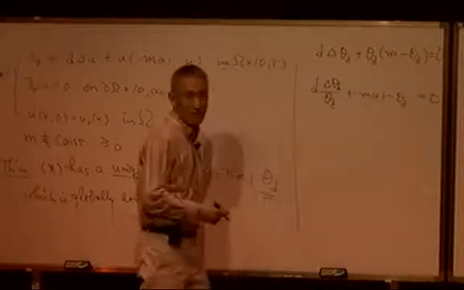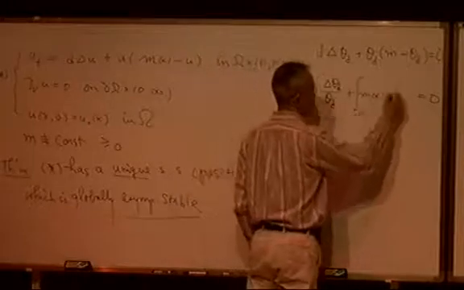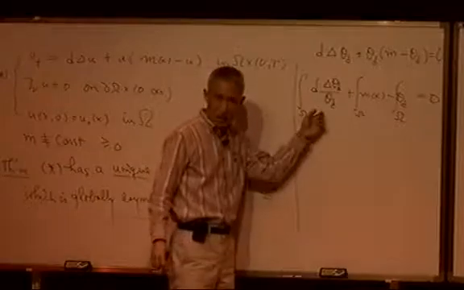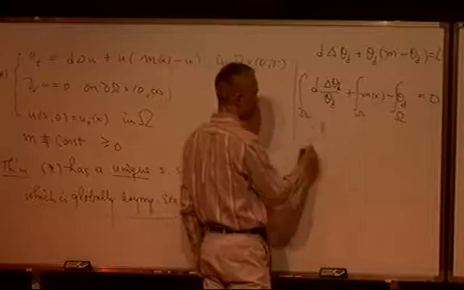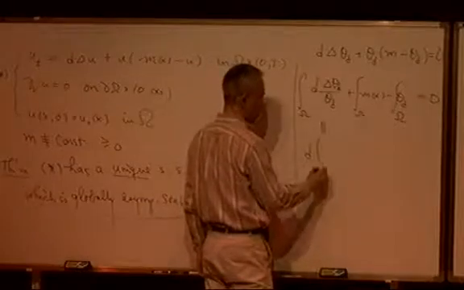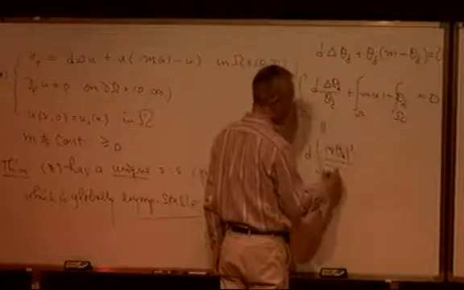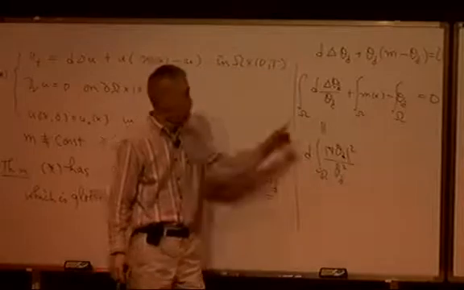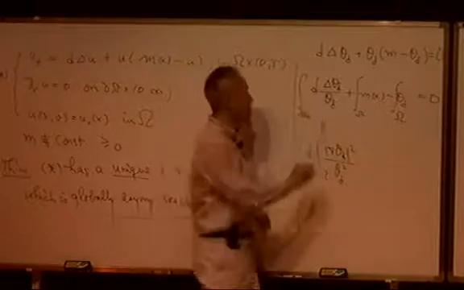Now I integrate over omega. Do integration by parts. This one gives me d integral over omega of gradient theta_d squared over theta_d squared, when I throw one derivative to the other, to 1 over theta_d.